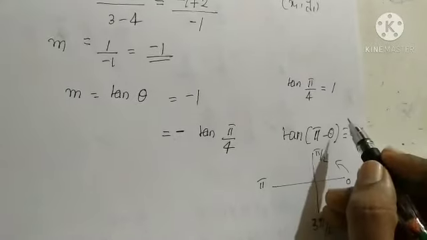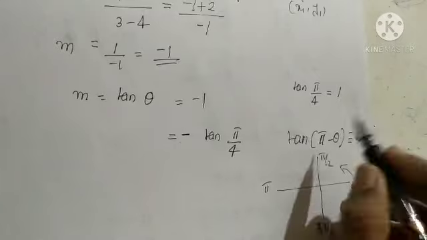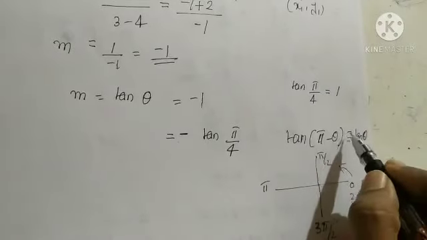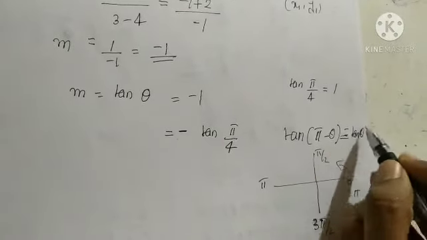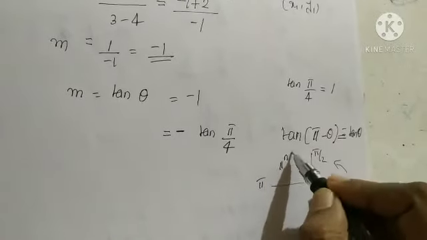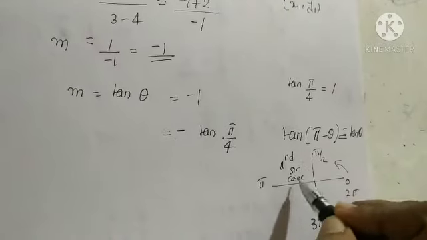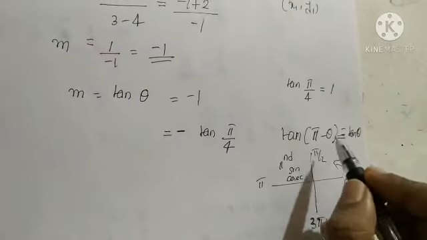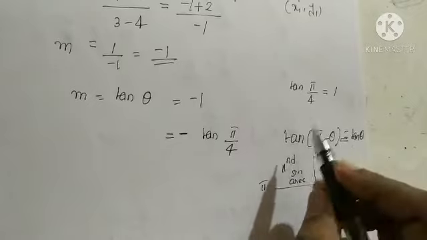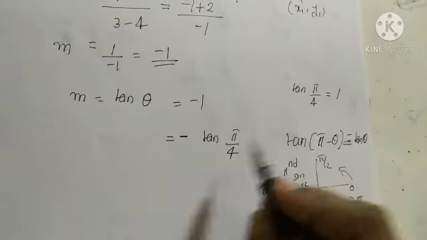There is no change here, but next I am going to find out the sign of this tan theta. Pi minus theta lies in the second quadrant, and we know that only sine and cosec are positive in the second quadrant. So tan pi minus theta will be equal to minus tan theta.